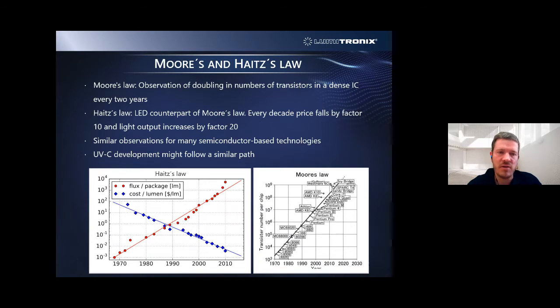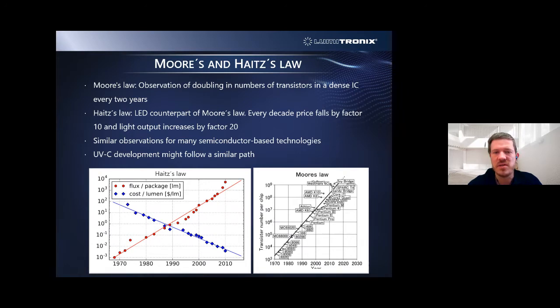Haitz's law, which is the LED counterpart of Moore's law, which predicts a price fall by a factor of 10 every decade and an increase of light output by a factor of 20. And this has also proven over a long time to be valid, and has proven valid for different wavelengths, from red over to blue, and also UVA.